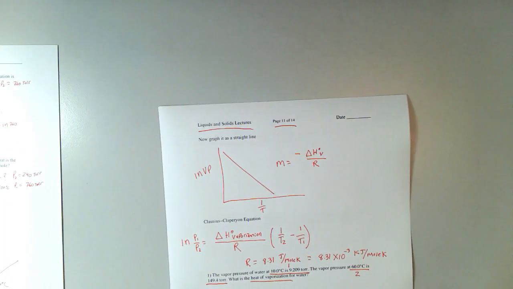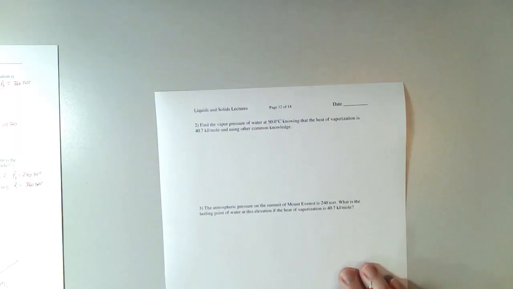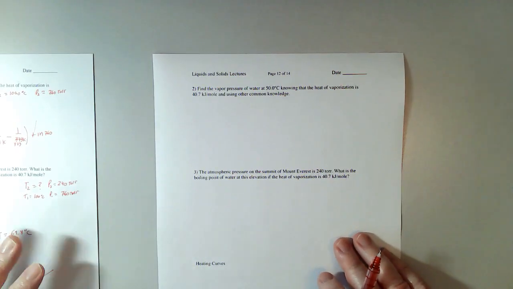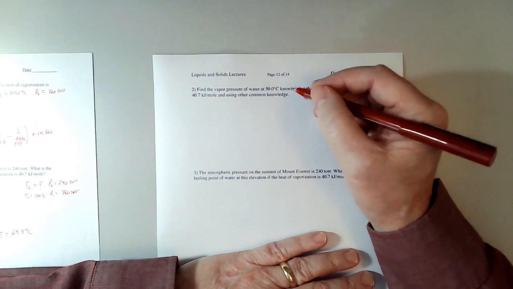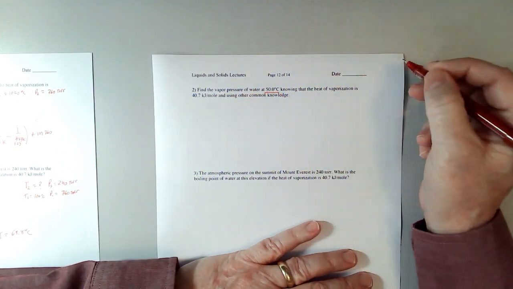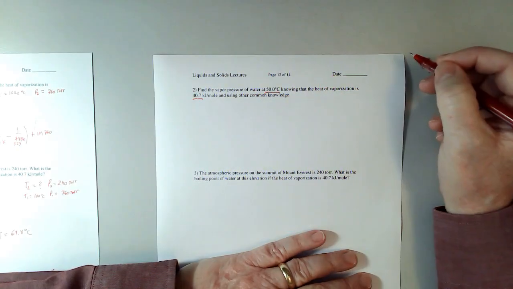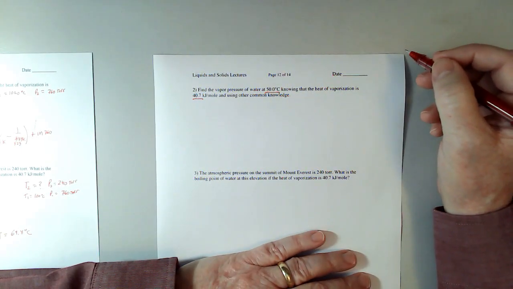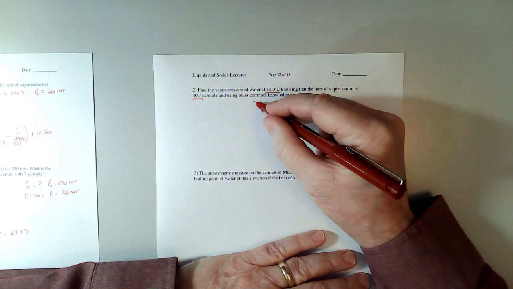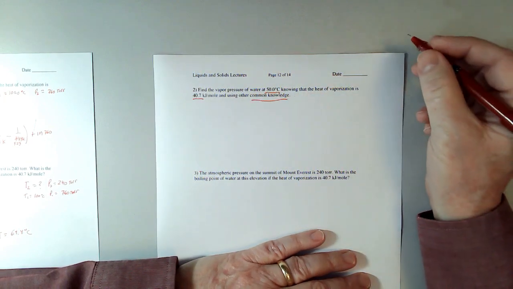Now, what else can we use it for? Well, in this next question, find the vapor pressure of water at 50 degrees Celsius, knowing the heat of vaporization is 40.7 kilojoules per mole, and using other common knowledge. Wow.